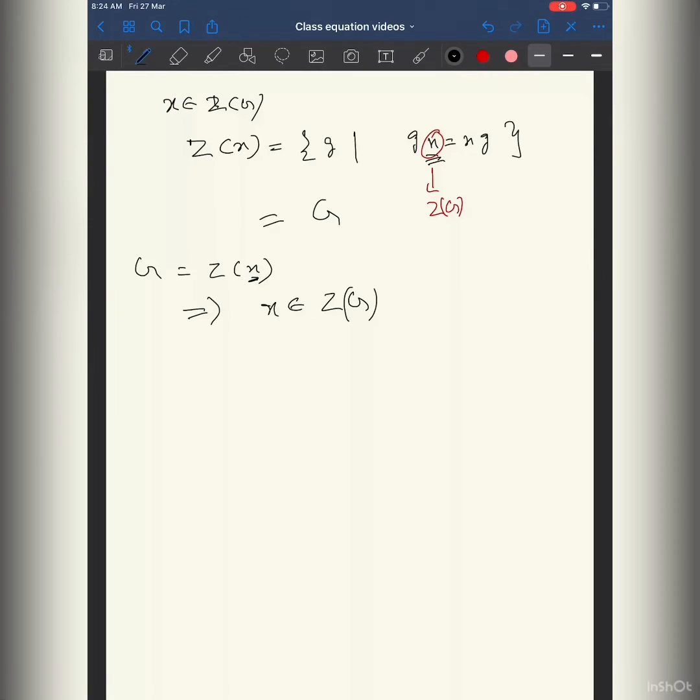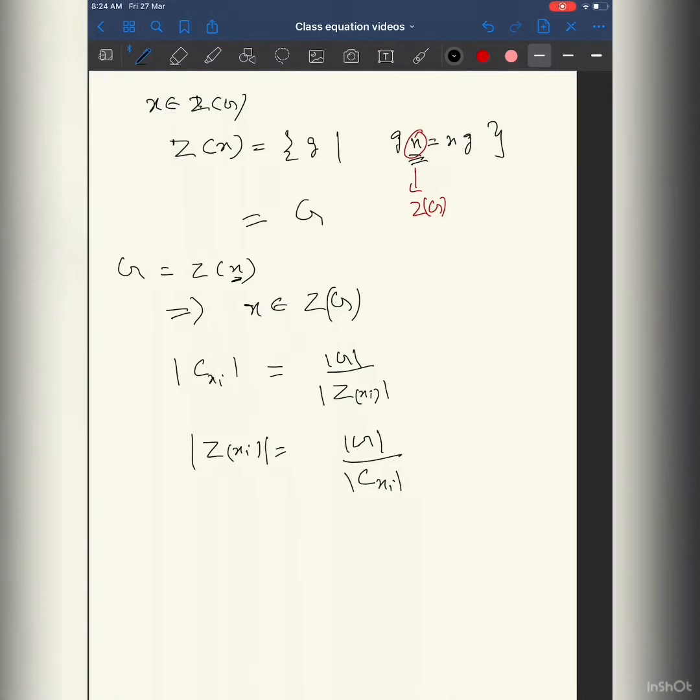Suppose we know the class equation; then each |Cxi| is nothing but |G| divided by |Z(xi)|. That is, the cardinality of Z(xi) is the order of G divided by |Cxi|. This is how we calculate it.